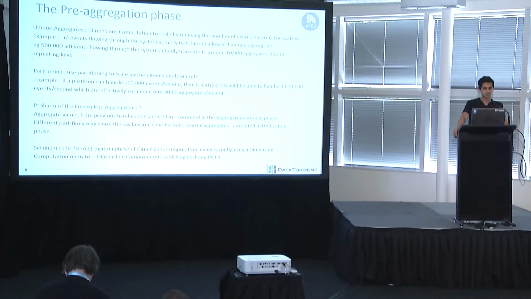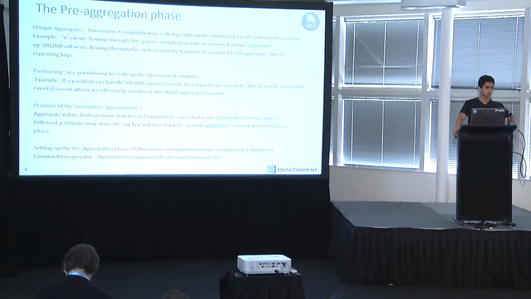Now, this phase, however, does not complete the scheme of things. You sort of stumble into the problem of incomplete aggregations, right? I may have aggregated a value of impressions for publisher ID or publisher name, let's say Google, to be 1 million events over a minute's window.